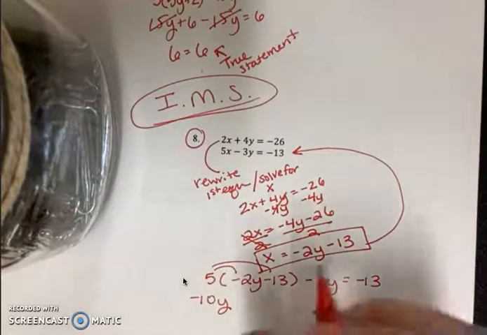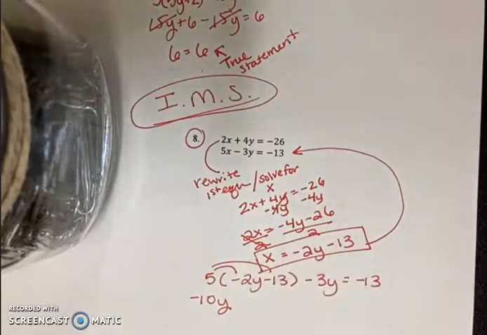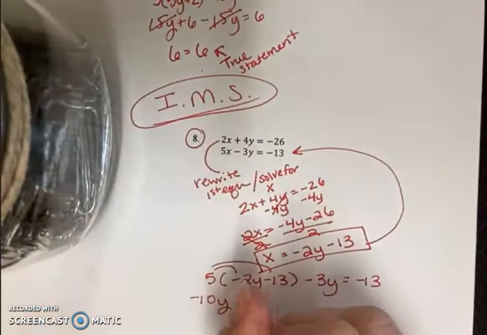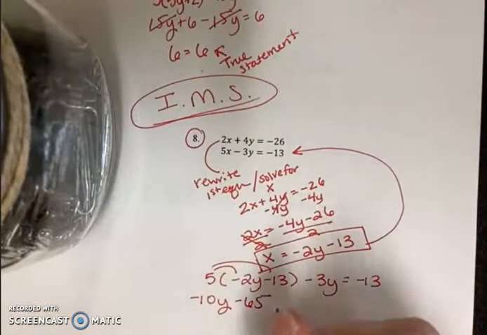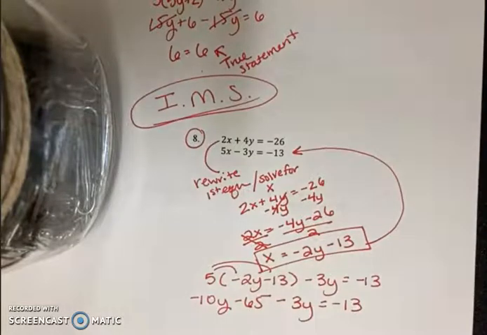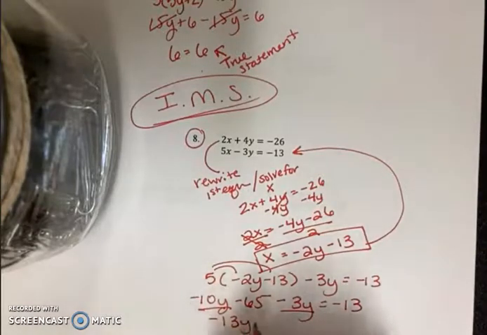Negative 13 times 5 is negative 65. Minus 3y equals negative 13. So now I'm going to go ahead and combine. Combining my y's, negative 13y minus 65 equals negative 13.